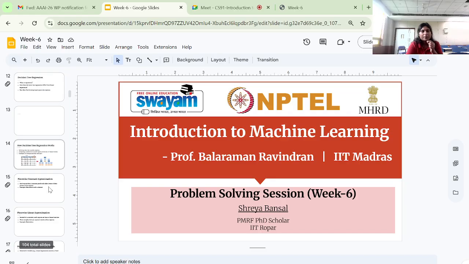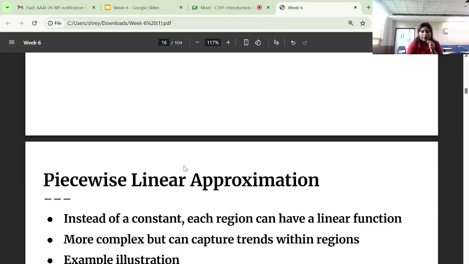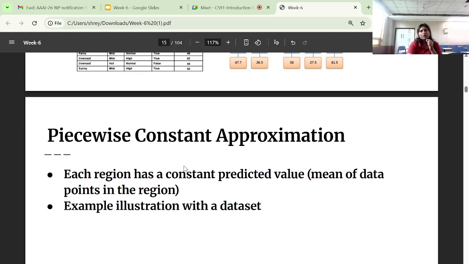Okay, by mistake I think I have not, but I will paste some illustration with the data set as well.